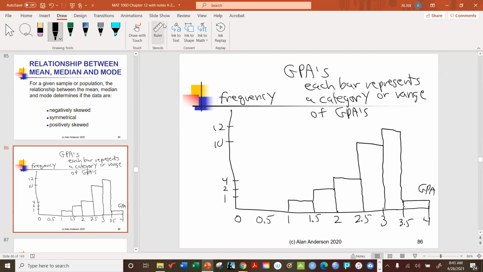Okay, that's an important detail. Over here, I'll mention that the heights of the bars represent frequencies.